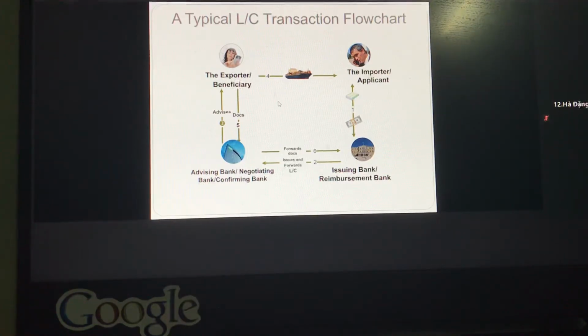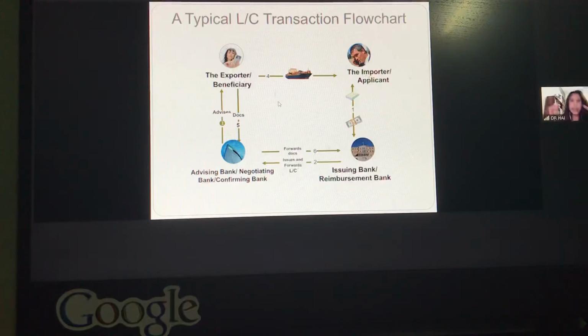Yes, he or she doesn't want to ship the goods, but still wants to have a payment. It is a fraud. Maybe the exporter wants to cheat the importer. I think so. Yes, also cheating the issuing bank.